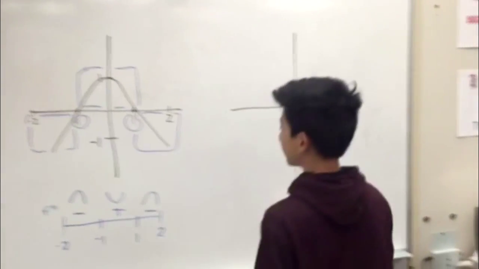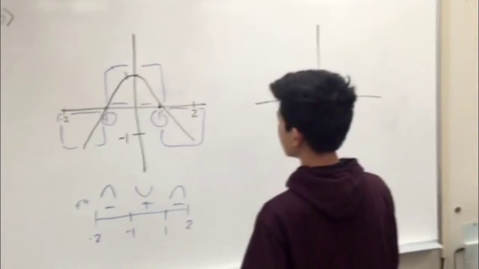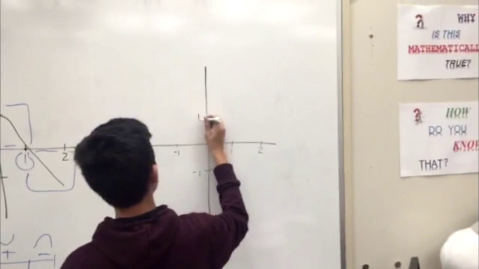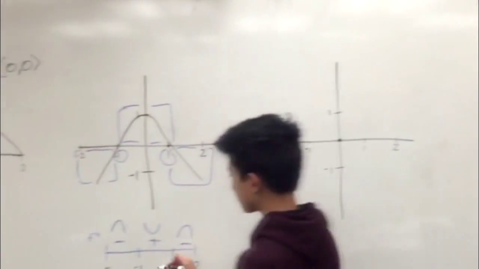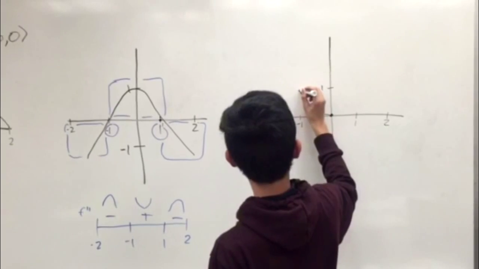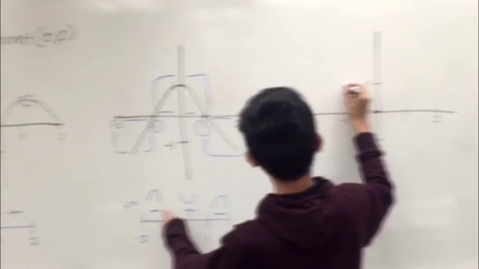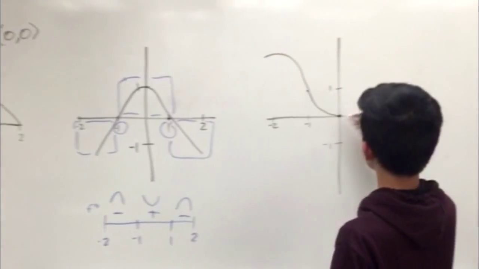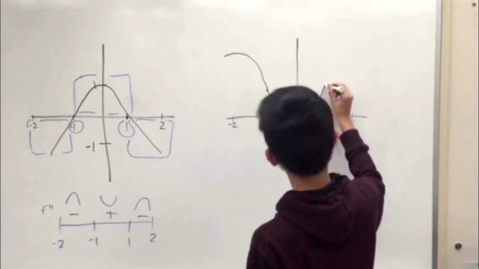Alright, so we have enough information to graph the first one. It says the starting point is at 0, 0, so we know that. Since the concavity changes at negative 1, there's going to be an inflection point there. So it's going to concave downward and then concave upward.